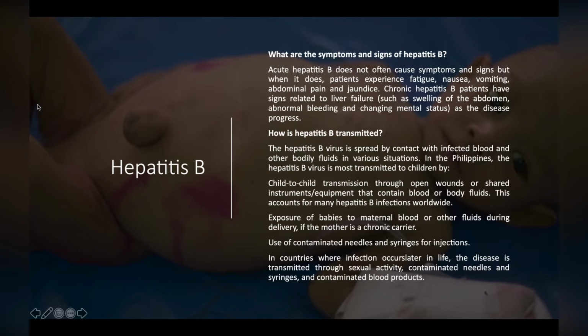Acute hepatitis B does not often cause symptoms and signs, but when it does, patients experience fatigue, nausea, vomiting, abdominal pain, and jaundice. Chronic hepatitis B patients have signs related to liver failure as the disease progresses.